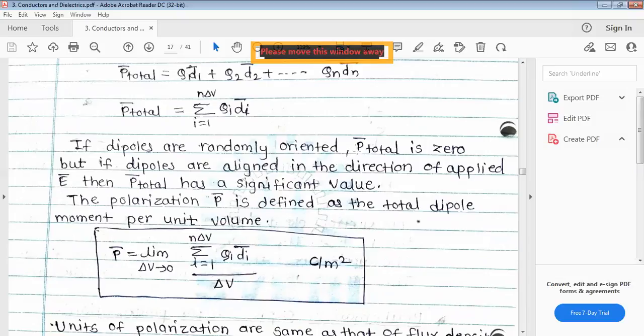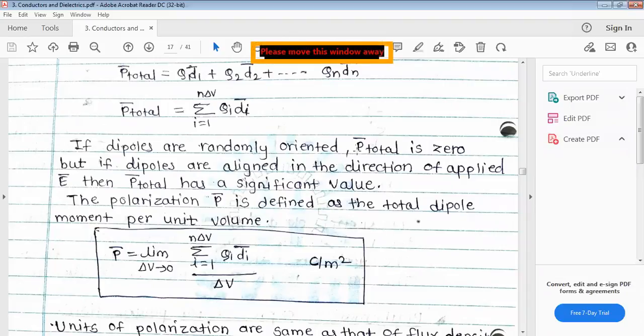When you apply the field, whatever dipoles form, if they do not have a particular direction, meaning they are randomly displaced, then that dipole moment is equal to 0.